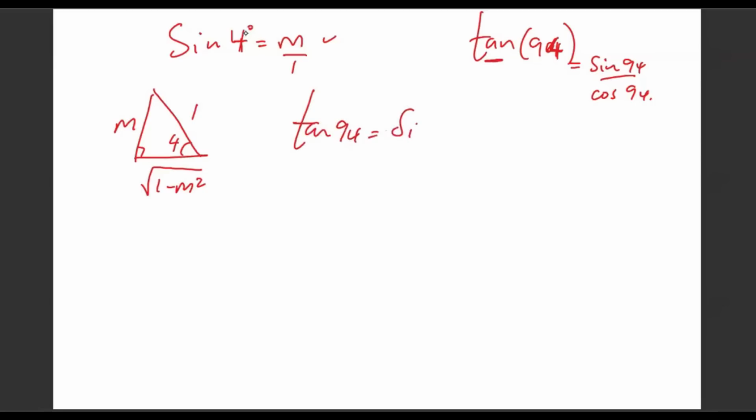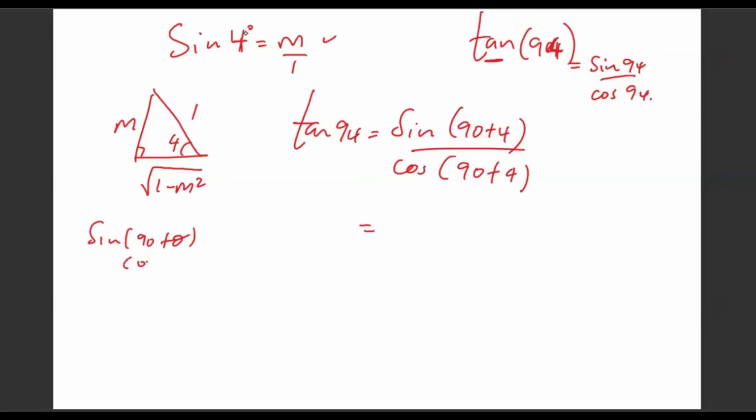We said it's going to be the sine of 94, I'm going to say 90 plus 4, over the cos of 90 plus 4. Let me reduce this. So sine of 94 is going to give me cos of 4. Because remember, the sine of 90 plus theta is the same as the cos of theta.